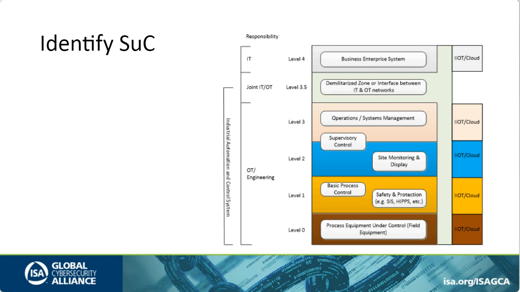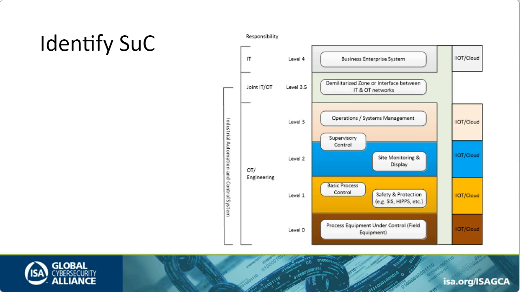You look in here, there's a couple key things. When you're dealing with operational technology, which is your control system and all the supporting things that it needs, that generally will extend all the way from level 0 up into the interface with the IT side of the house.